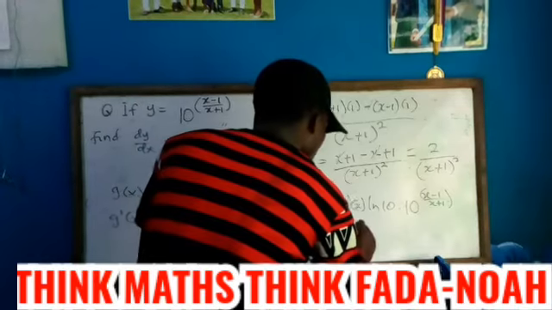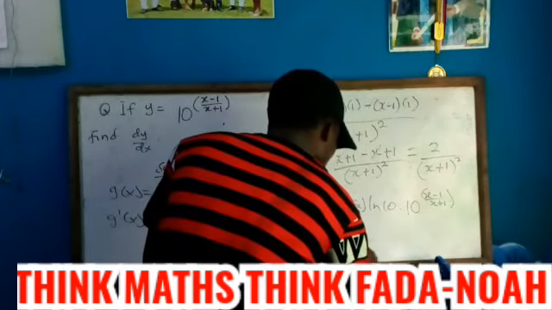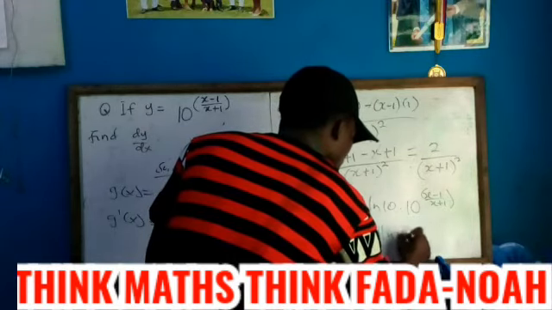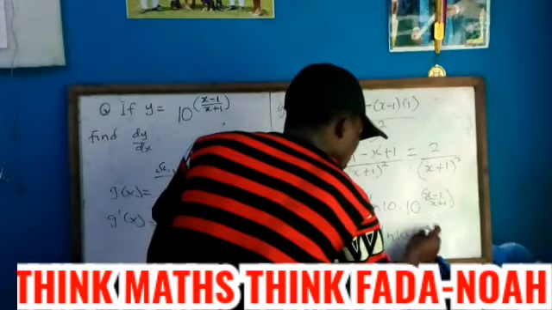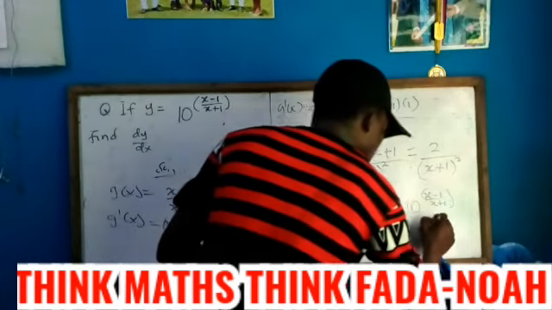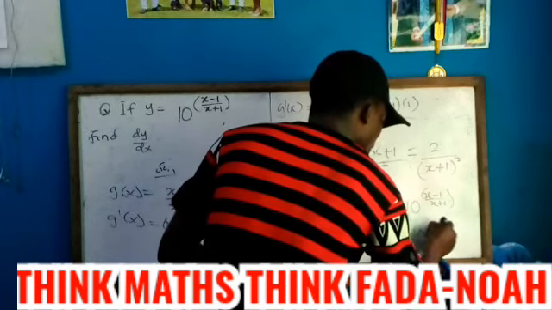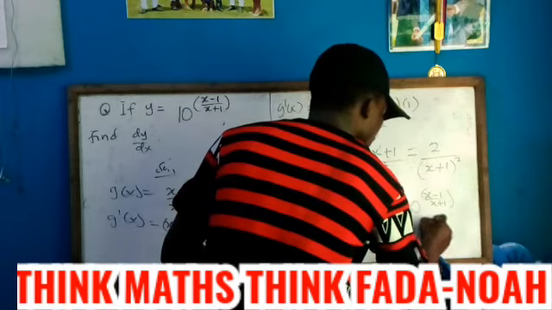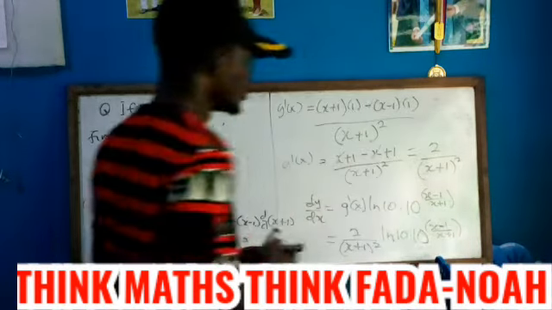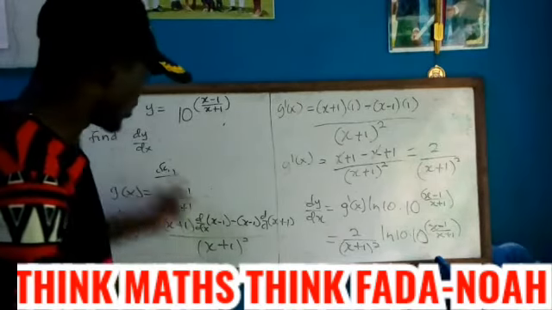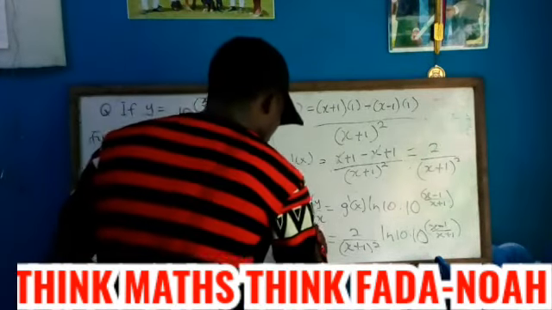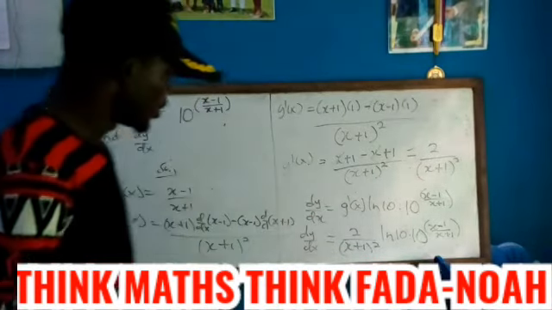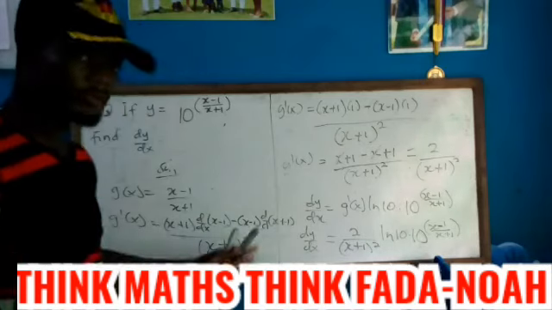So we have 2 over (x plus 1) all squared, ln 10, 10 exponent (x minus 1) over (x plus 1). Alright, so this is our derivative. Our dy/dx is equal to that. Very simple and straightforward. Alright.